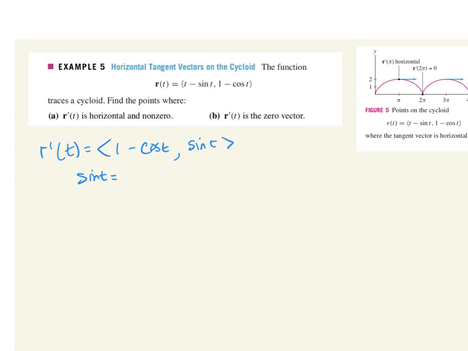So sine t equaling 0, that occurs at all the pi's, right? 0, pi, 2 pi, etc. So let's investigate a little bit, because it's not just about the slope, it's about the point as well.